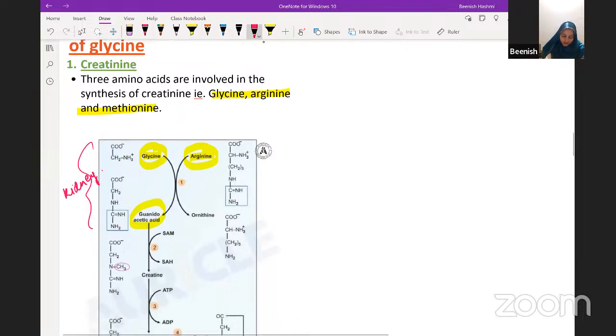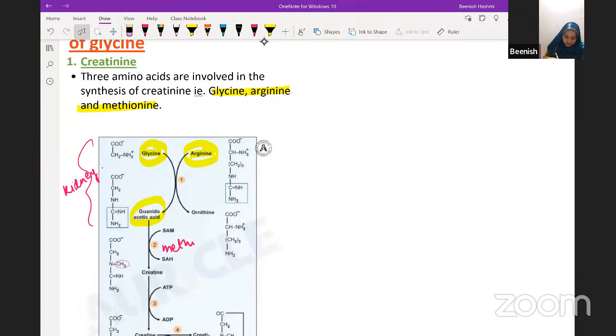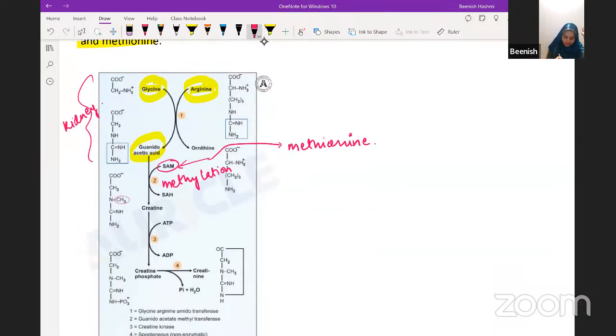The enzyme for this first reaction is glycine arginine amidotransferase. Now, in the second step, methylation takes place, which is brought about by guanidinoacetate methyltransferase, and from guanidinoacetic acid, creatine is formed.